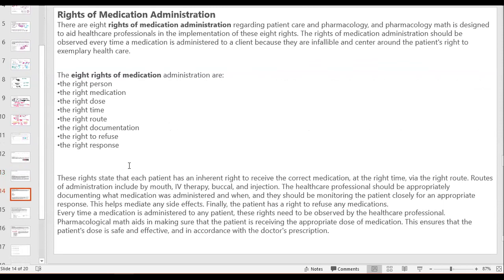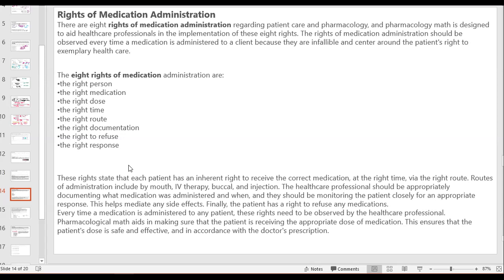So before we go there, I want to remind you guys about the rights of medication administration. Most of the time, I think you guys heard about 5 rights, probably from Spain, if you got through 1301 with her, or from Mr. Dunn. So we have the 5 rights here, or the 8 rights. We need to make sure that we have the right person, the right medication, the right dose, the right time, the right route, the right documentation.